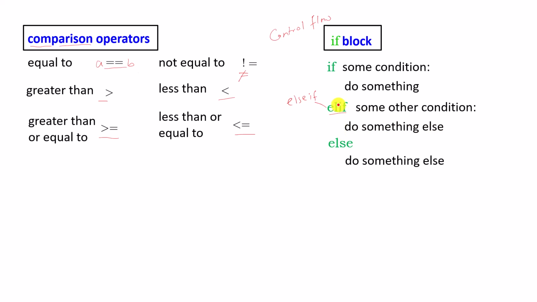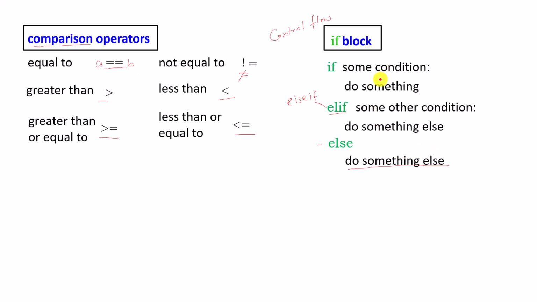There may be several elifs here, and when if is not satisfied, none of these elifs are satisfied, then my program will enter in else, and whatever is written here to execute within that else, program will execute that.